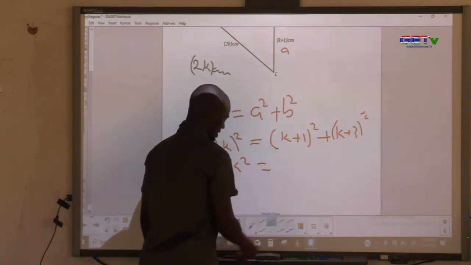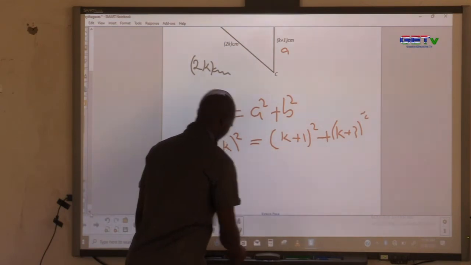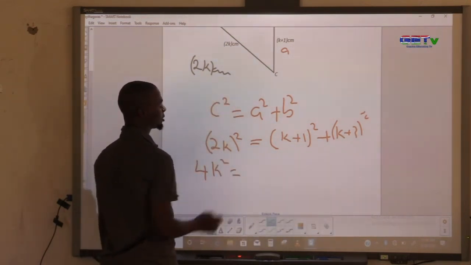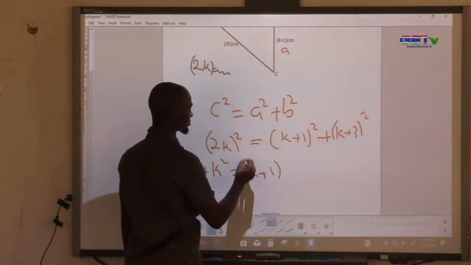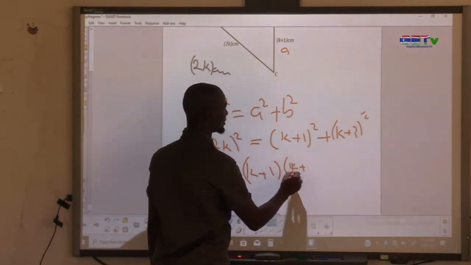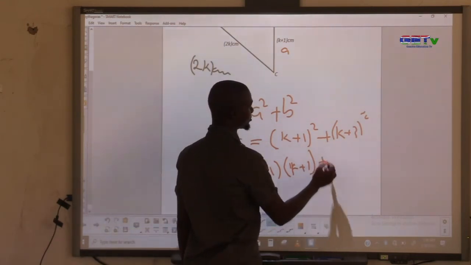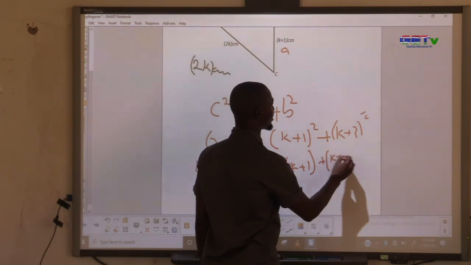So we'll have this as: 4k square is equal to k plus 1 and also k plus 1, because k plus 1 square is the same as k plus 1 twice. Then plus k plus 3.